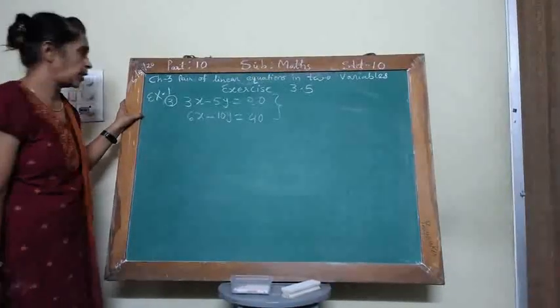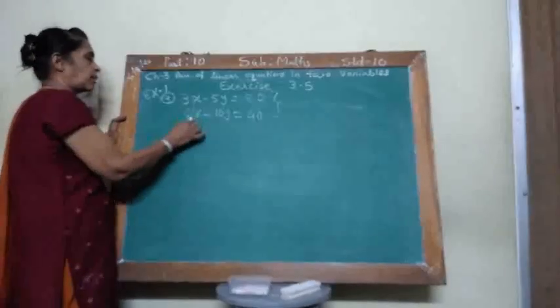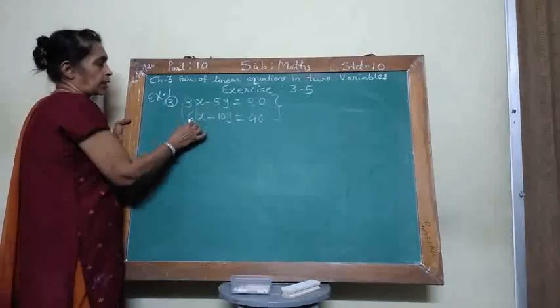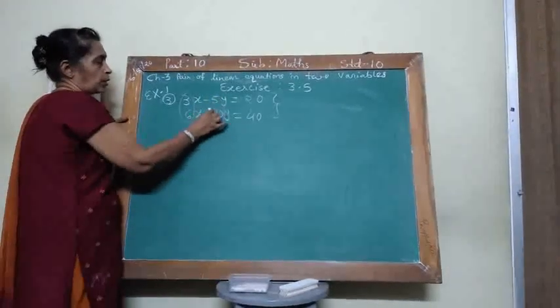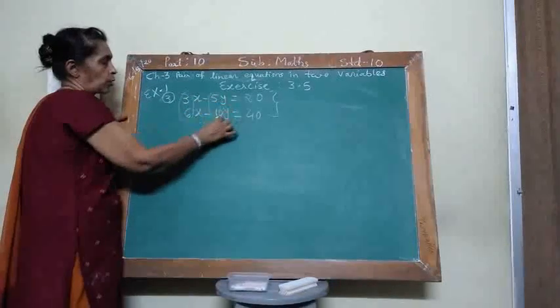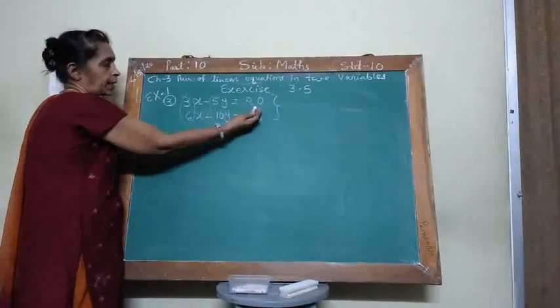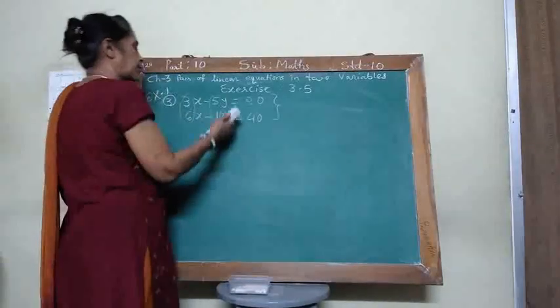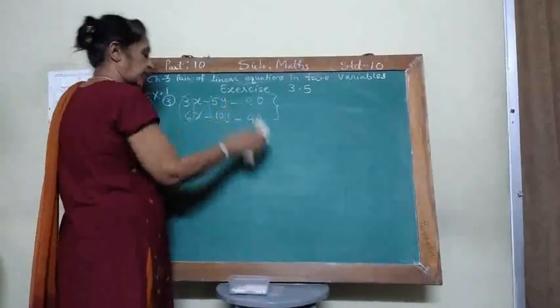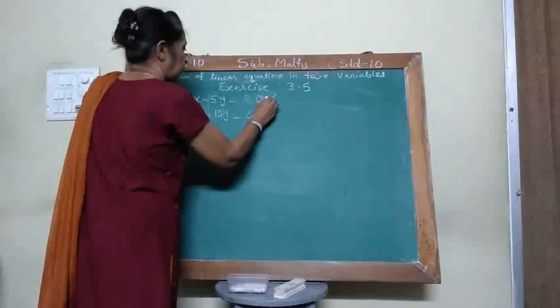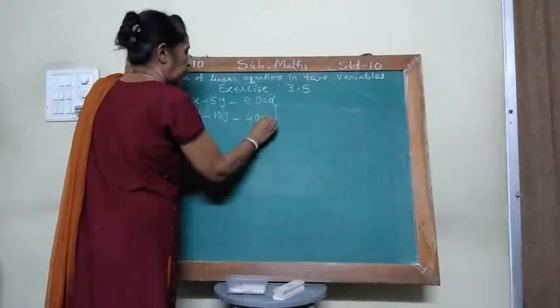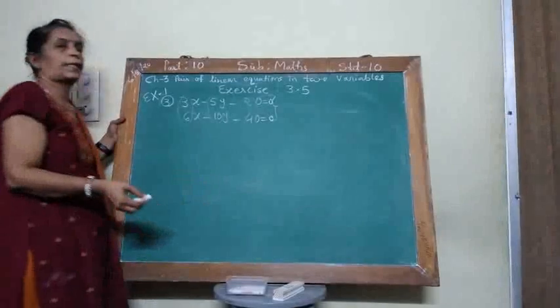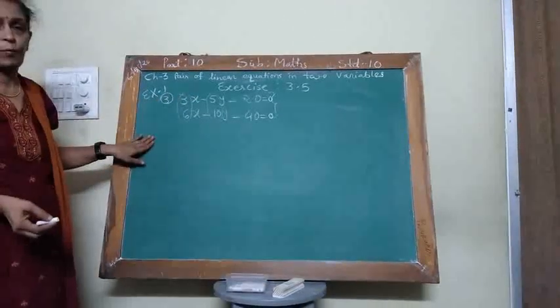Cross multiplication method. So for that, first I take the ratio of A1 upon A2, the ratio of B1 upon B2, and I take this term on this side, so that it becomes the standard equation. I have said that this is the first condition of the cross multiplication method: you must write the given equation in standard form.